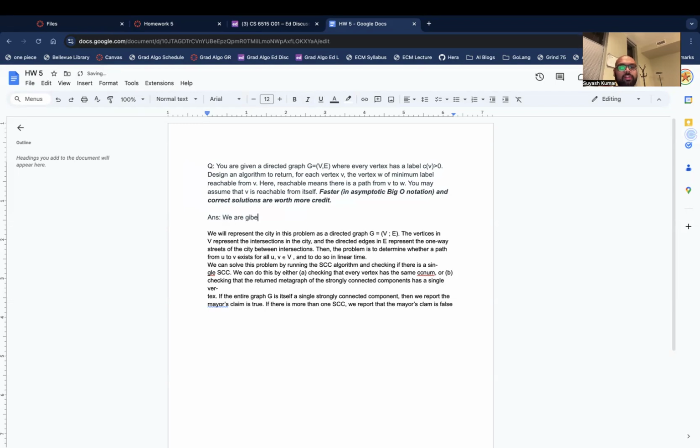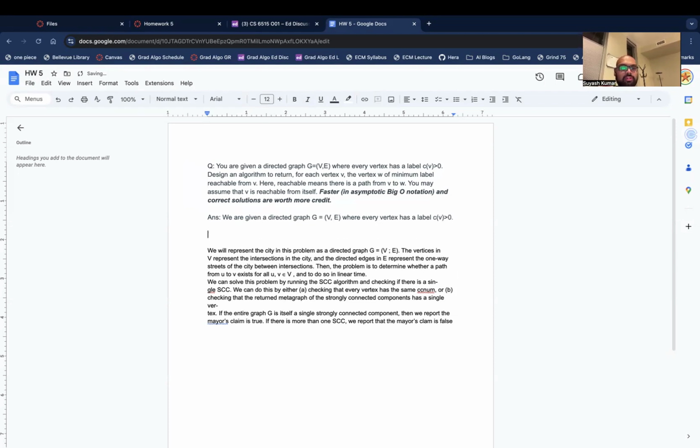We are given a directed graph G equal to V comma E where every vertex has a label C of V greater than 0. We have to return for each vertex v the vertex w of minimum label reachable from v.